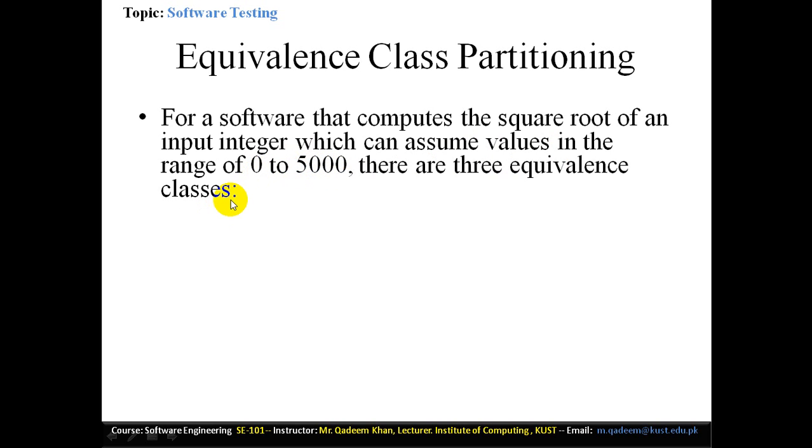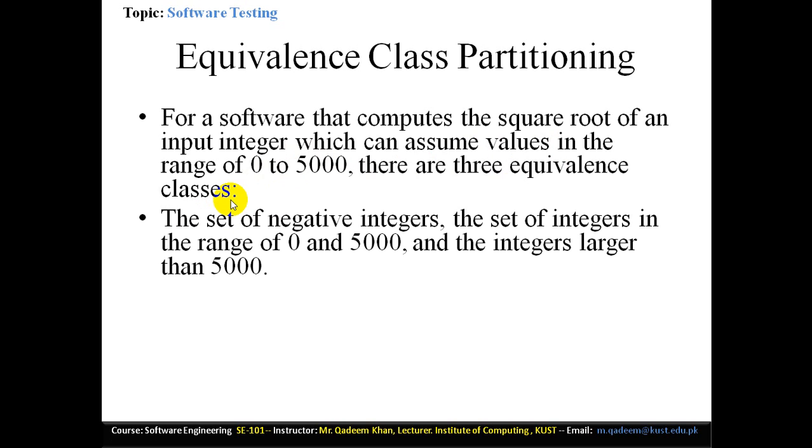So there we can define three different equivalence class partitions: the set of negative integers, the set of integers in the range of 0 to 5000, and the set of integers larger than 5000. We can put different inputs into the system.